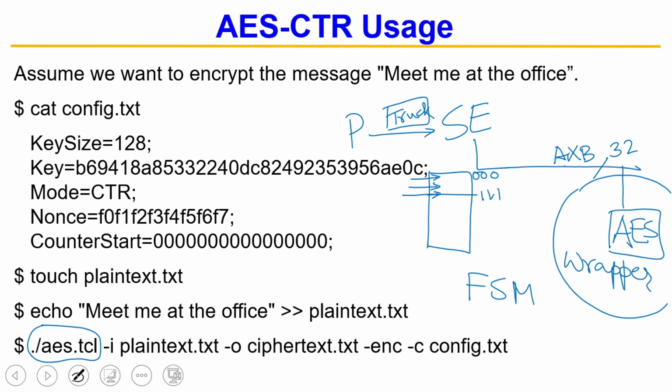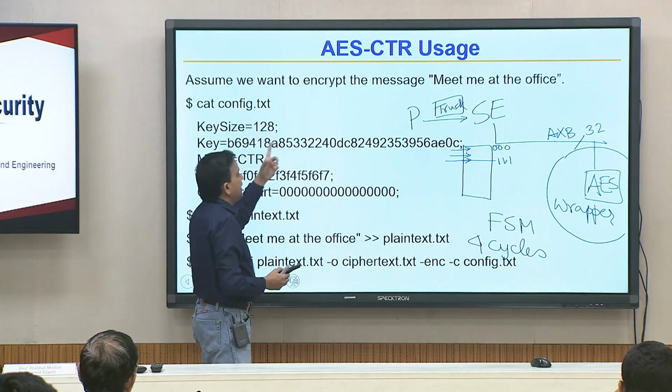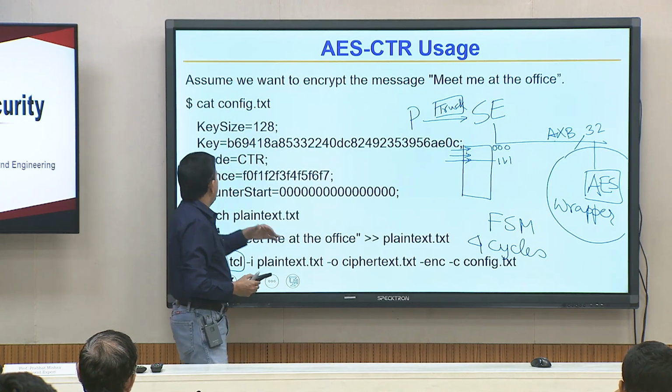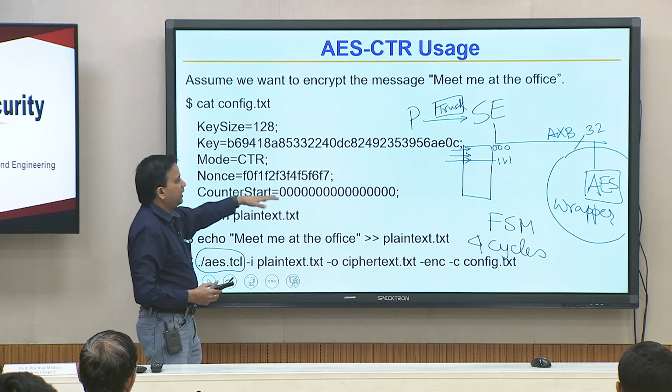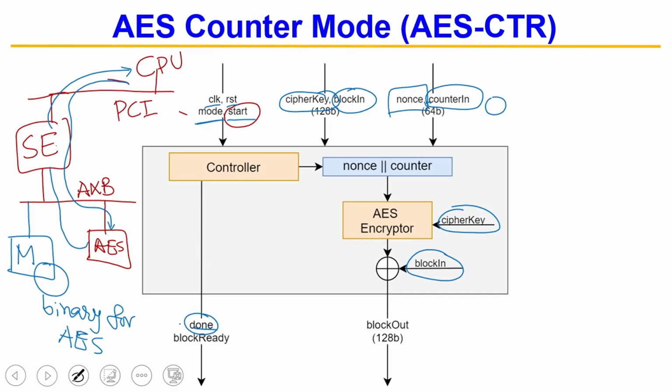Just to get the key itself, it needs 4 cycles. So, it needs a finite state machine that counts 4 cycles or 4 states. Only at the beginning of the 4th state does it know the key is ready. Then after the nonce and all that, it is going to take time. When all of them are done, only then is that finite state machine going to do the start signal 1.